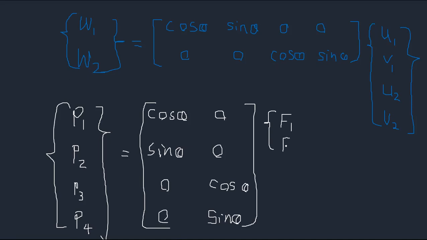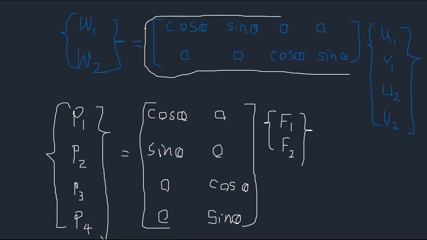F1 and F2, right? You can see the same matrix has been transposed here. If you transpose means you swap the rows and columns. You write whatever the rows as the columns.